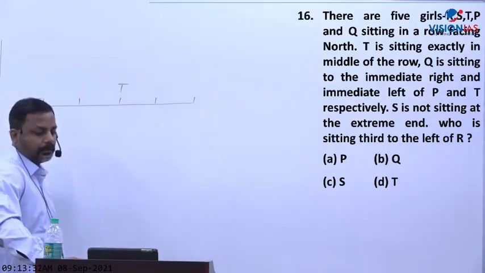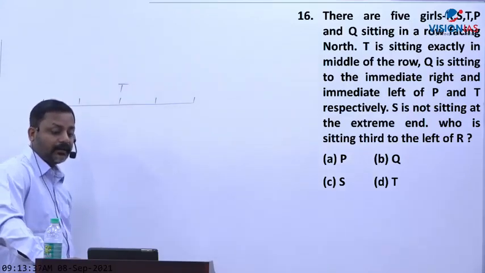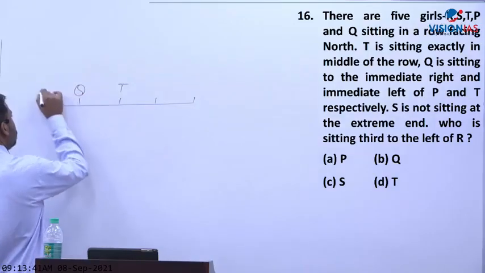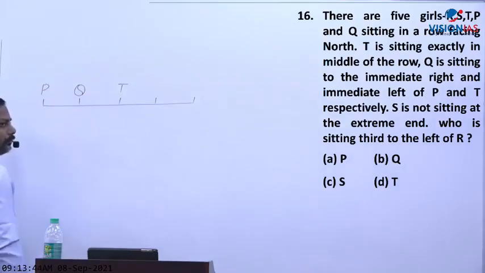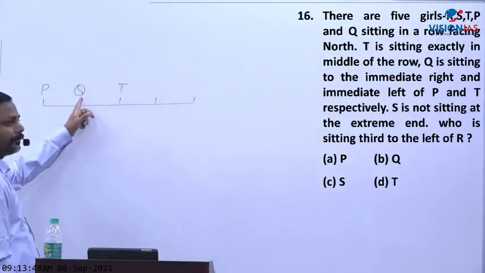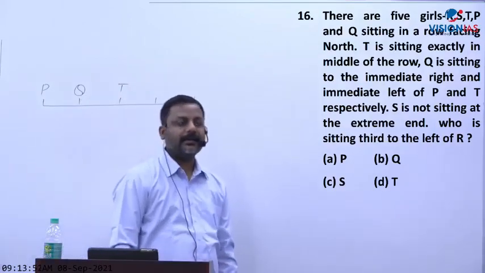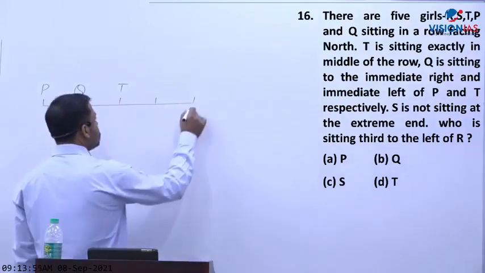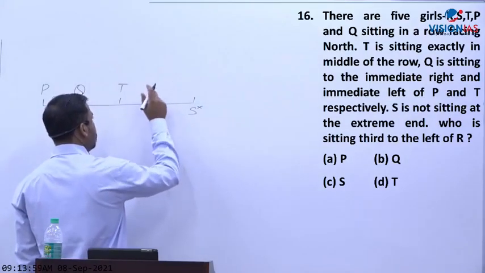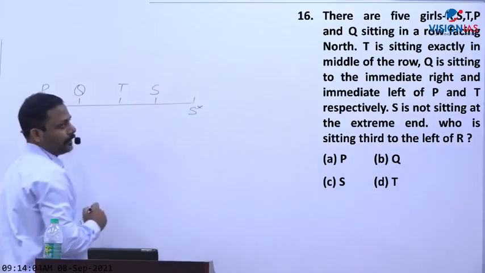Now, Q is sitting to the immediate right of P and immediate left of T. So Q is on the right hand side of P and left hand side of T. And the next information is S is not sitting at the extreme end. It means S is not there at the right end. So we are left with only one vacant seat for S. So we will place S over here.